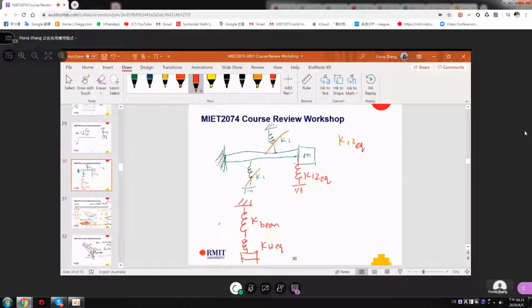Okay, so K beam, you know that, for a cantilever beam is K beam equal to 3EI over L cubed. Because this is a cantilever beam, the deflection here is different. It follows the cantilever beam's deflection.